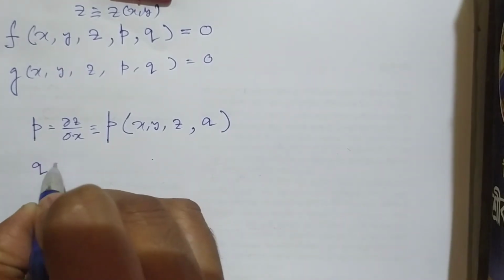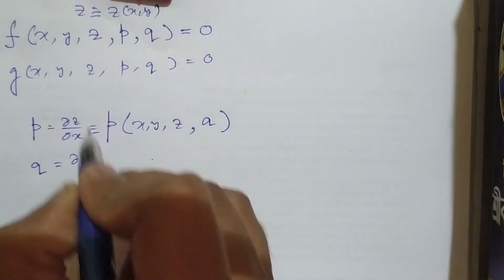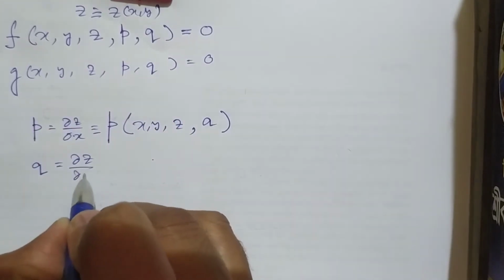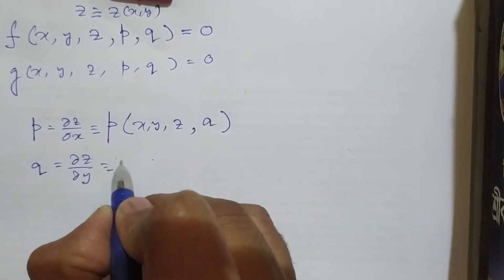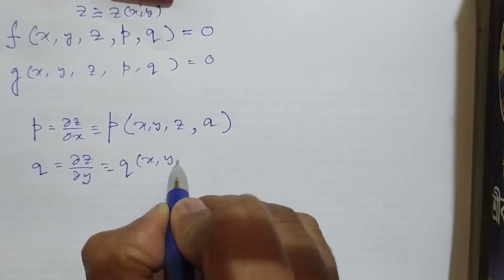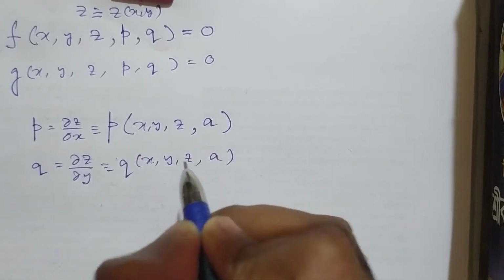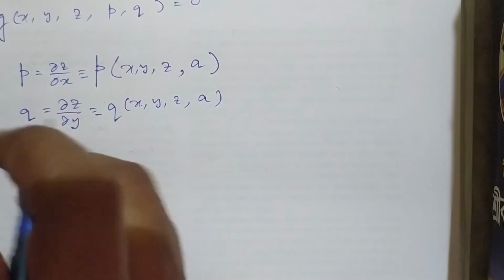Another equation we get solving these two is q, that is del z del y, as a function of again x, y, z, and the same constant a.